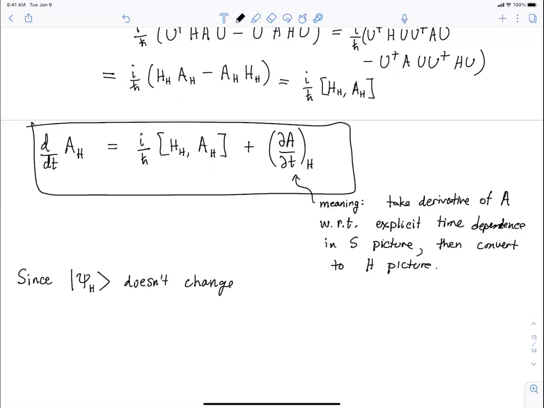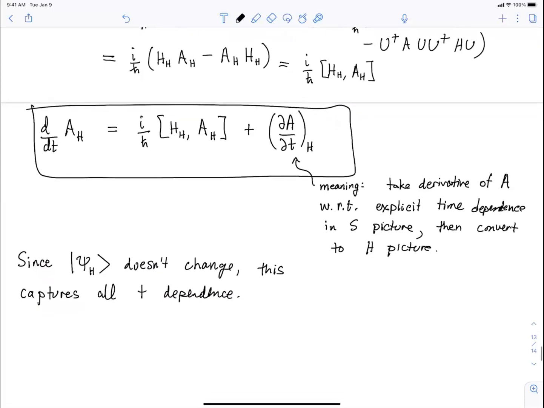It just stays whatever it was. And so this equation for A, the operators, captures all time dependence. And so solving a dynamical problem in the Heisenberg picture amounts to just solving this differential equation for the operators.